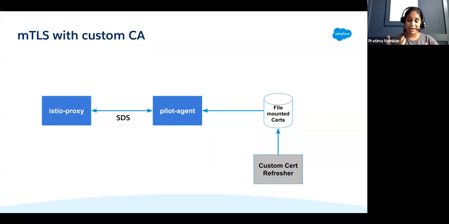And we have a custom cert refresher that is Salesforce specific that we run in our Kubernetes clusters that refreshes these certs. So we're able to get custom certs provisioned by our custom CA work with Envoy for MTLS.